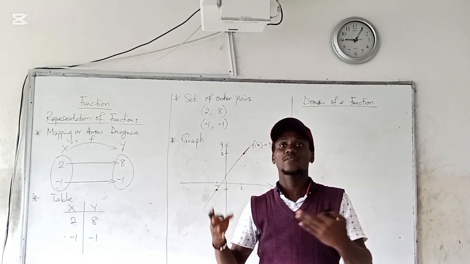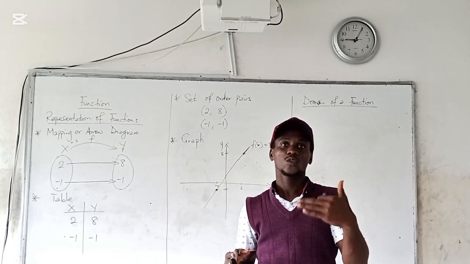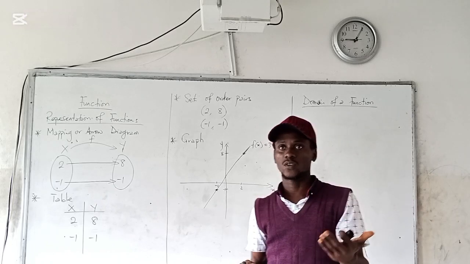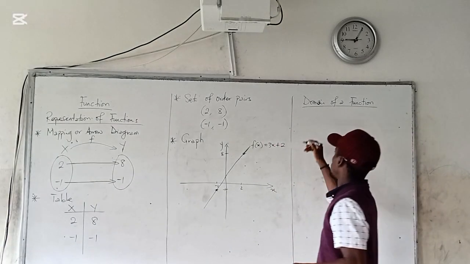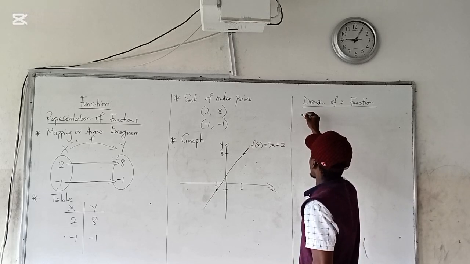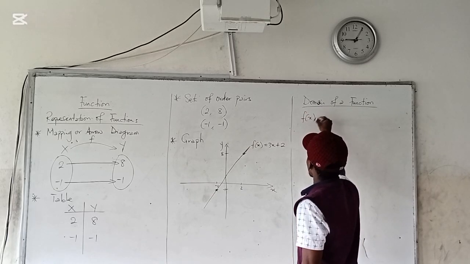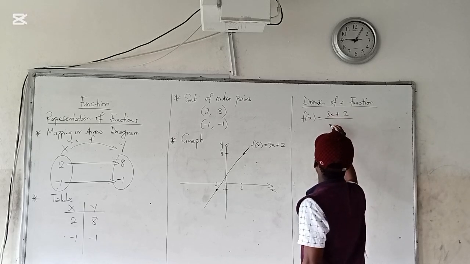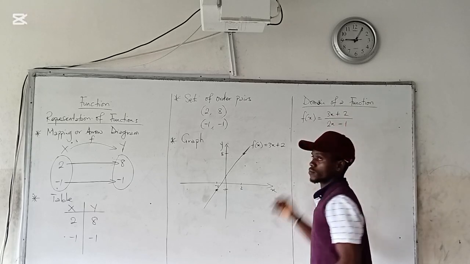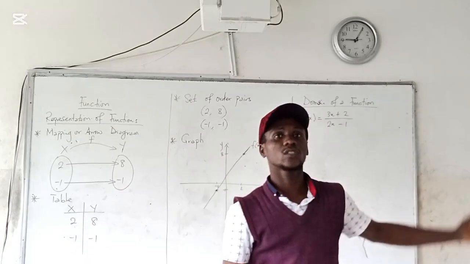But most of the time, if you look at questions where you're asked to find the domain of the function, you will notice something of this nature. Number one, let's say you have a function like f of x equals 3x plus 2 all over 2x minus 1. What do you notice here?